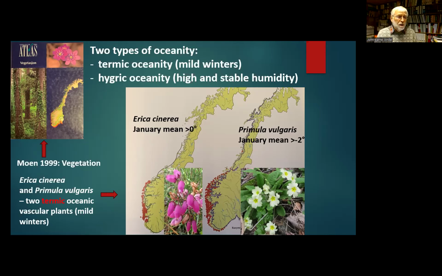This is described for many places, for instance, in this book, Vegetation from Norway, which is also available in English. Ericacenaria is a typical one with its distribution along the outer western coast, where January mean temperature is above 0. And Primula vulgaris is another one, occurring in areas where January mean temperature is above -2 degrees.